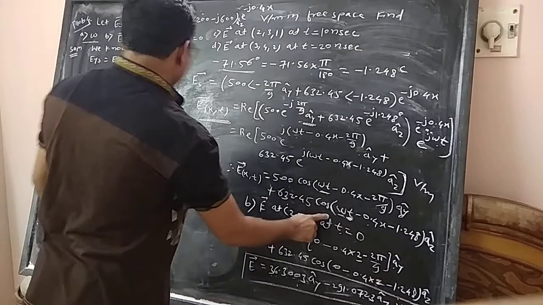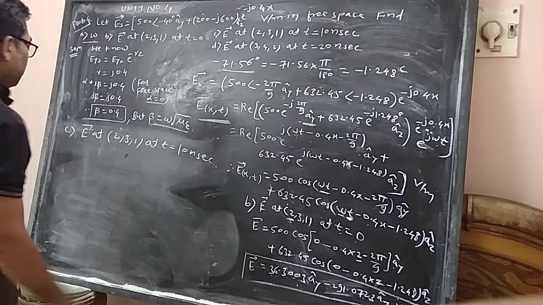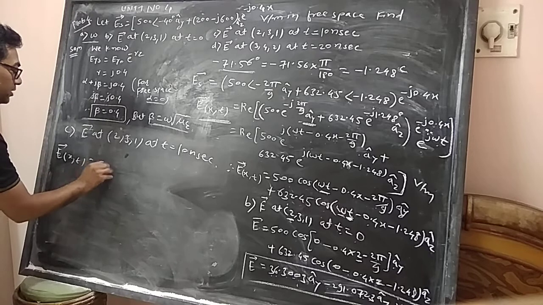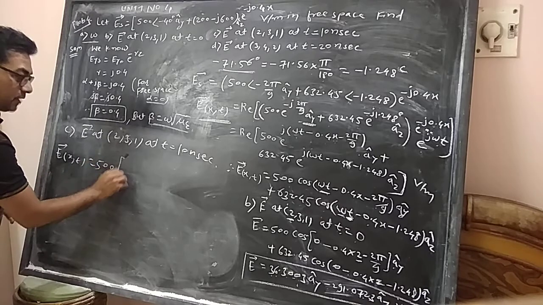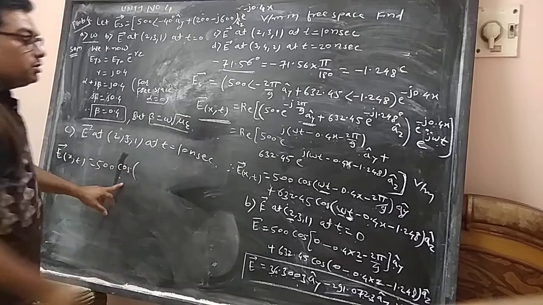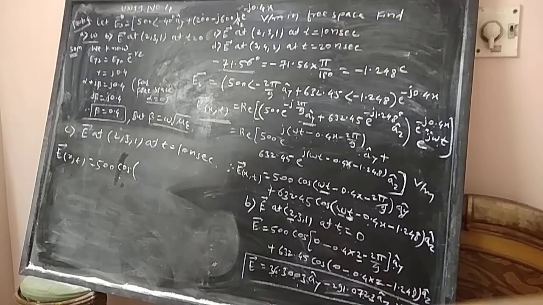Omega we have already calculated earlier, it was 119.91 mega radian per second.